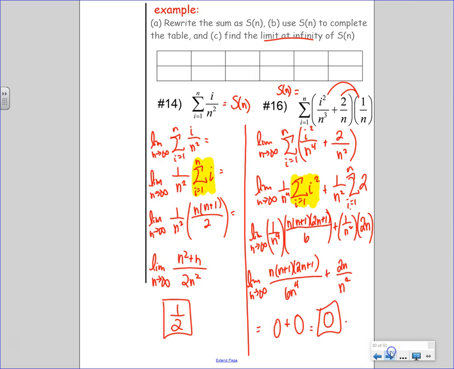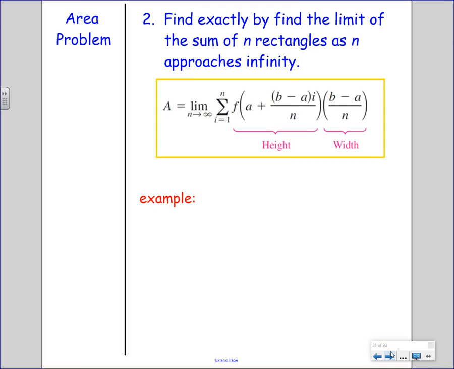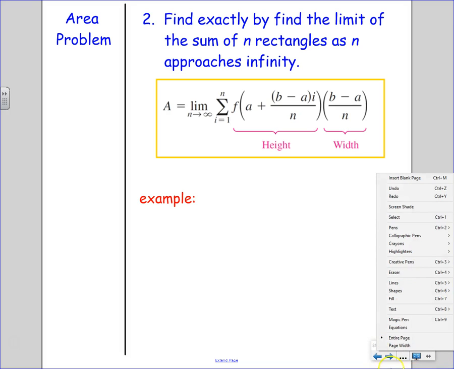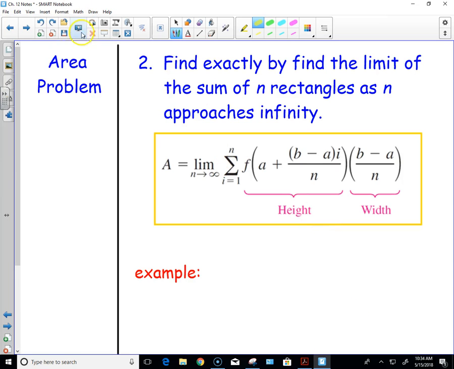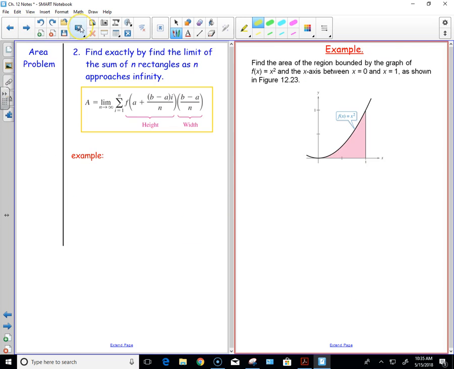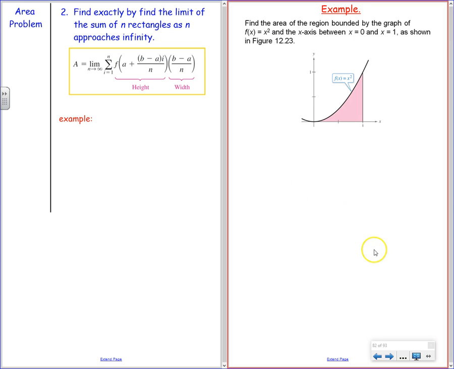Now, this is all going to come together. Right here. You can find the area exactly by finding the limit of the sum of n rectangles as n approaches infinity, given a function, given an a and a b as a starting point.